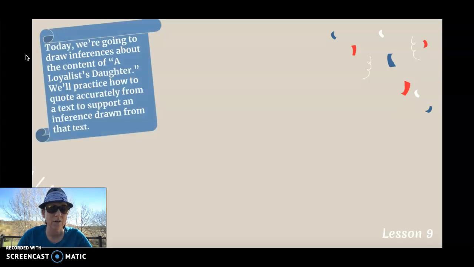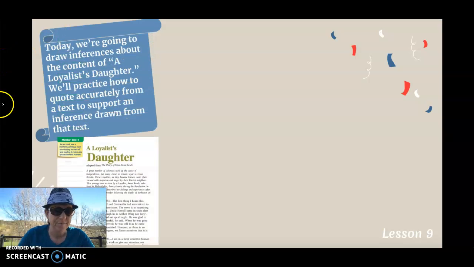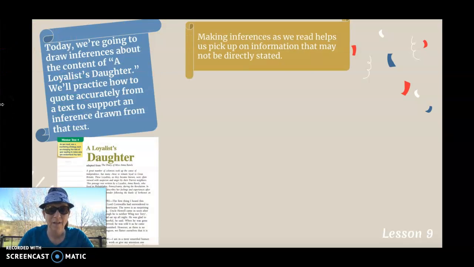All right, so today we're going to draw inferences about the content of A Loyalist's Daughter. We'll practice how to quote accurately from a text to support an inference drawn from that text. Making inferences as we read helps us pick up on information that may not be directly stated.